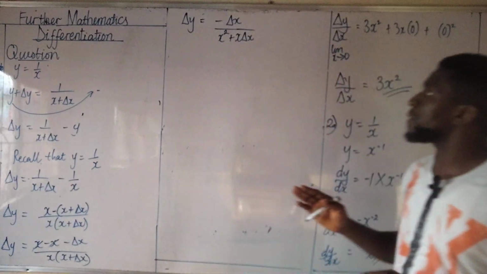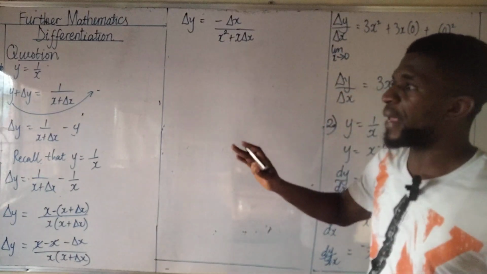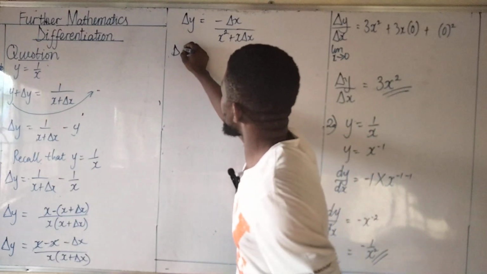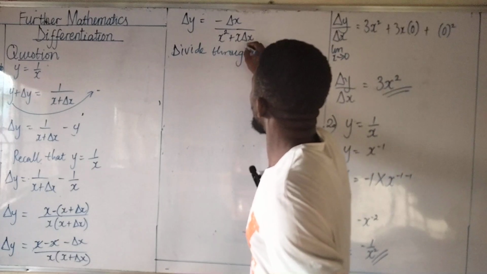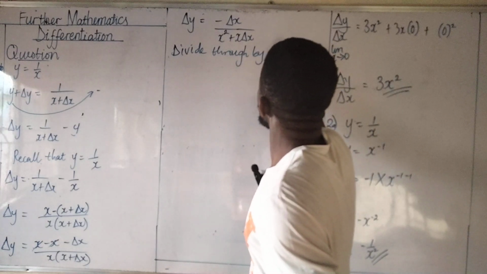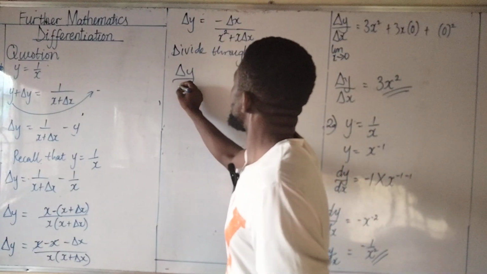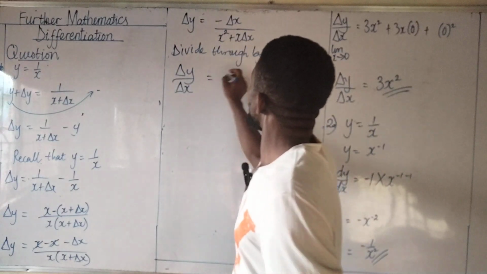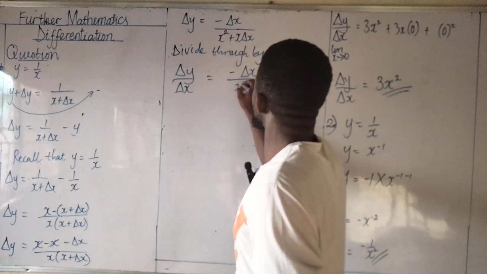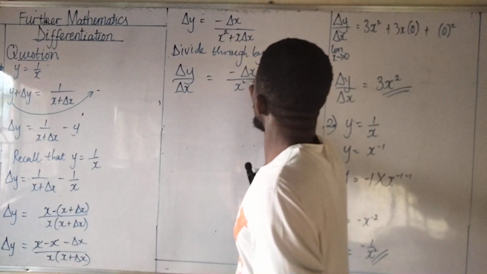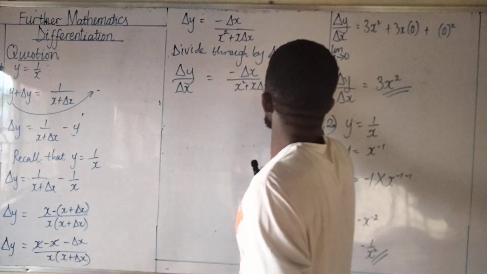What we are going to do now is as easy as ABC. We divide through by changing x. So changing y divided by changing x equal to negative changing x over x squared plus x changing x, divided by changing x.